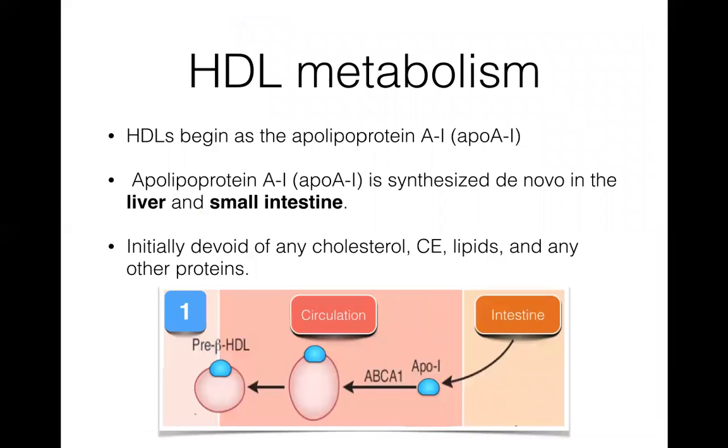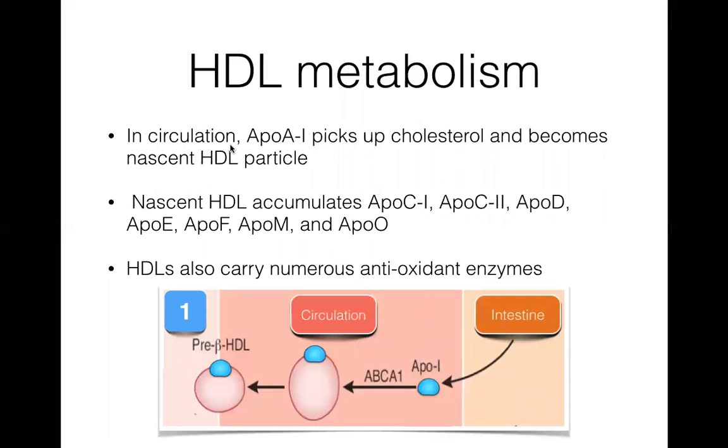So as I have mentioned earlier, HDL begins as an apolipoprotein A1. It is synthesized and released by the liver. It is devoid of any lipids, and it is in the circulation that it will pick up cholesterol and become a nascent HDL particle.